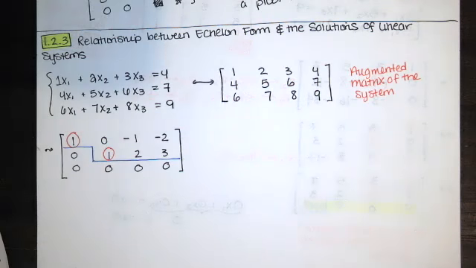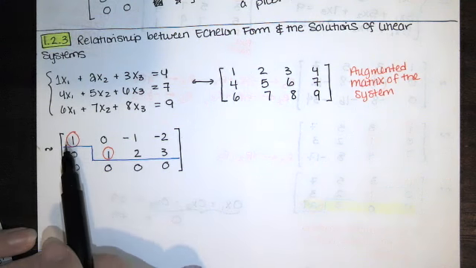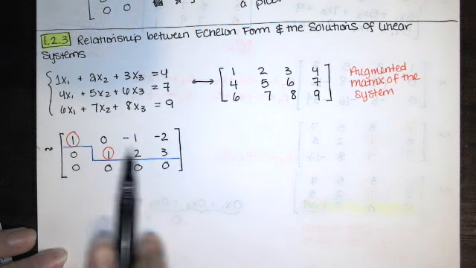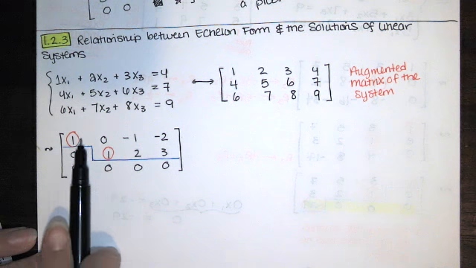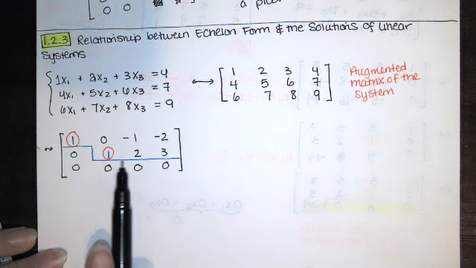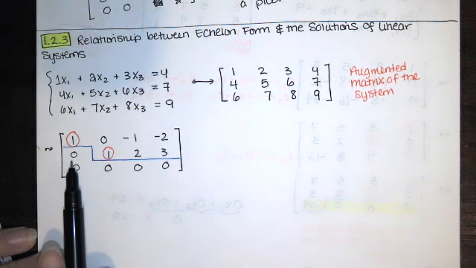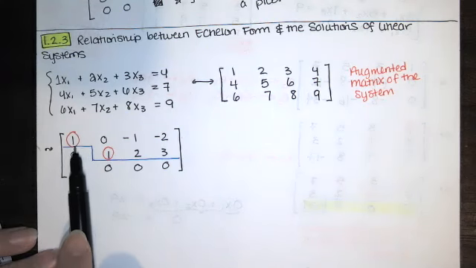Just as a review, we know that this is an echelon form because we see that stair-step pattern like this. We've got a leading entry right here in the first row and first column. And as we look at the matrix from left to right, the pivots go down and to the right as we move across the matrix. So that's that echelon pattern.